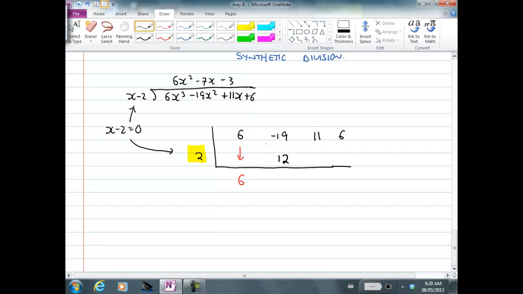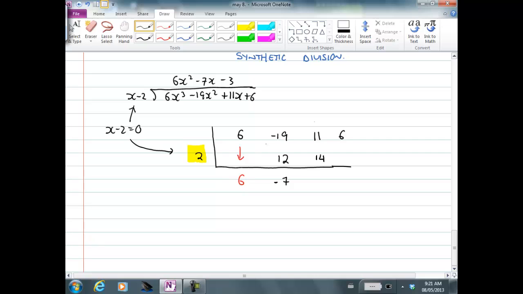Now we're going to add these numbers: negative 19 plus 12 is negative 7. Now we do the exact same thing. We take 2 times negative 7, and that number goes here. That's going to be negative 14.